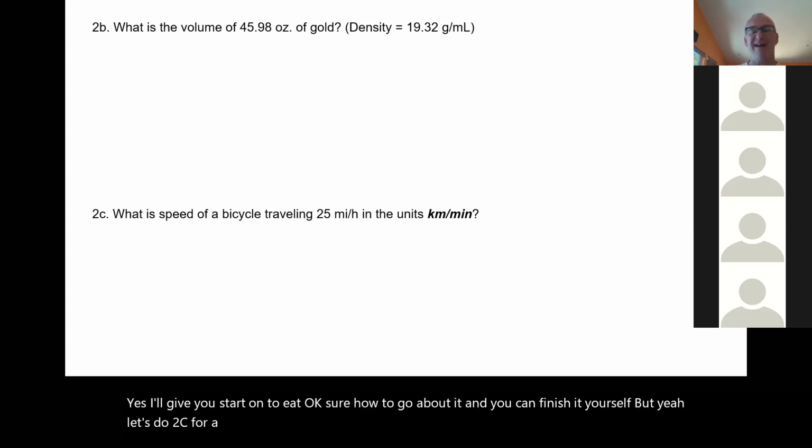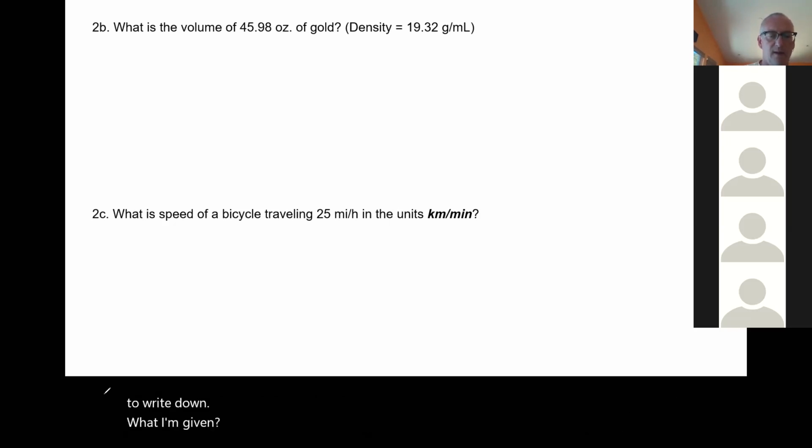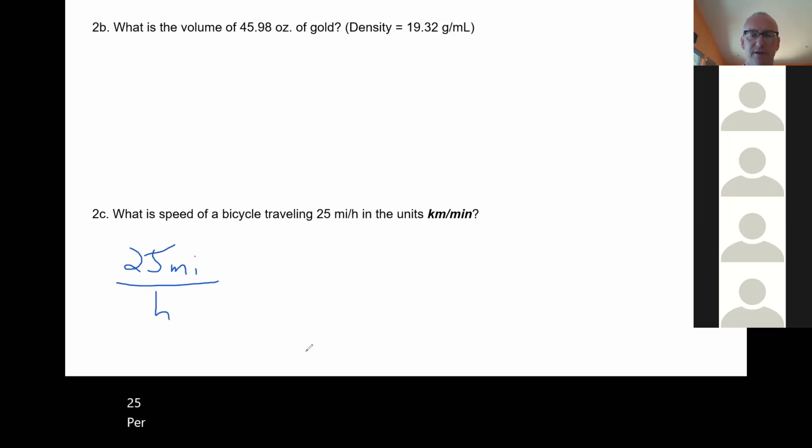Whenever we have one of these questions, I first like to write down what I'm given. I'm given 25 miles per hour, and what I want to get to is kilometers per minute.